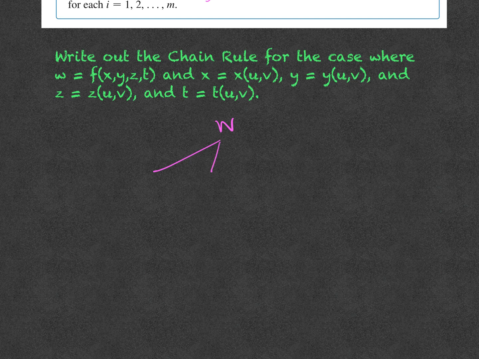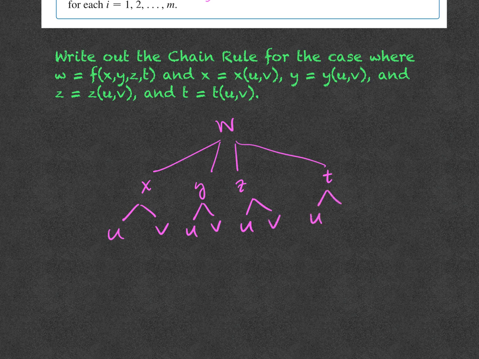So my w is going to have 4 branches: x, y, z, and t. And x breaks down into u and v, and y breaks down into u and v, z breaks down into u and v, and t breaks down into u and v.